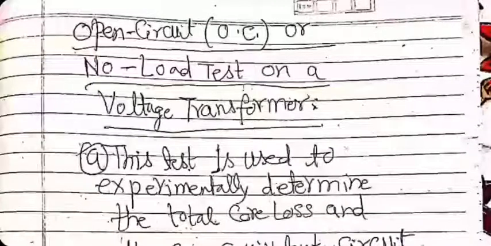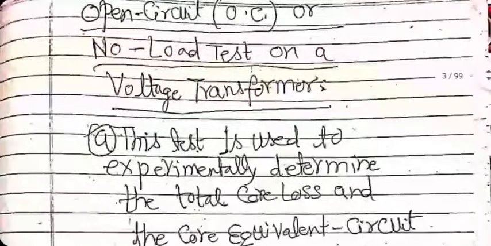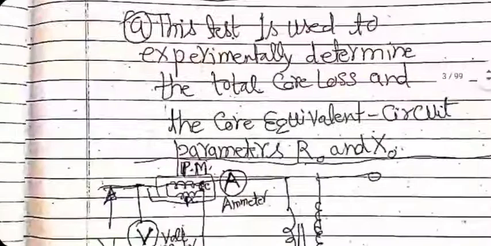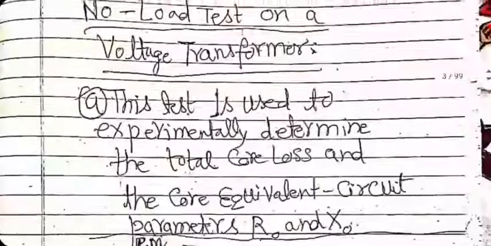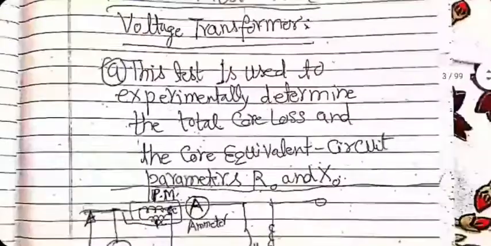And short circuit test means you short circuit one of the windings and apply a very small voltage to the other winding, and then you measure voltage, current, and power going in that winding, and that gives us an idea about copper losses of the transformer. These are experimental techniques used to work out the losses in a given transformer. Theories apart, this is probably a very important thing that we have invented.